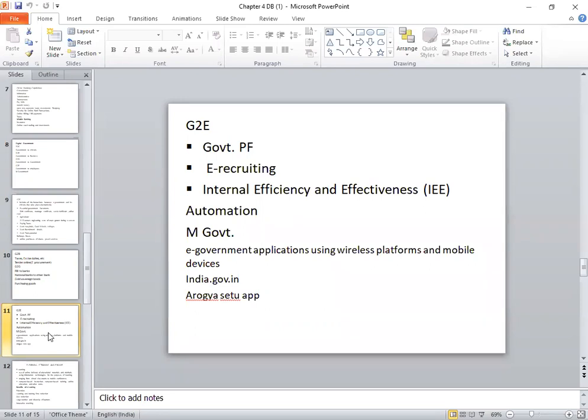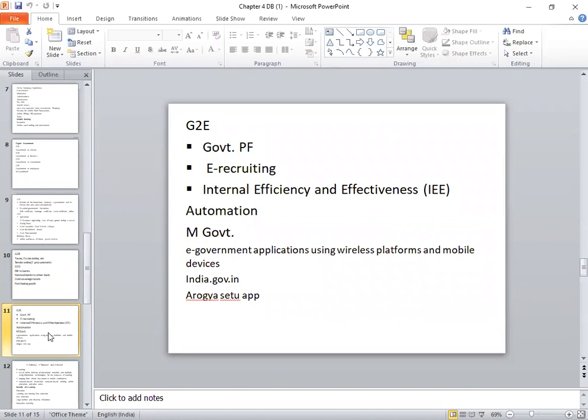When an employee reaches a particular level, maybe all India level, there the performance is evaluated and they are recruited through this e-recruitment mode. And one has to prove their caliber here. So that's why e-recruiting is there.